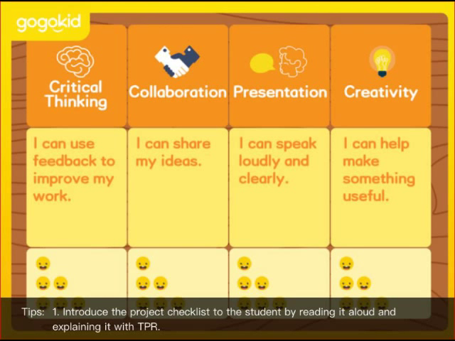Or if something is different than what you expected, can you do something different to change the results? And then, down at the bottom, I say to them, okay, and now I am also going to grade you with either 1 smiley face, 2 smiley faces, or 3 smiley faces.